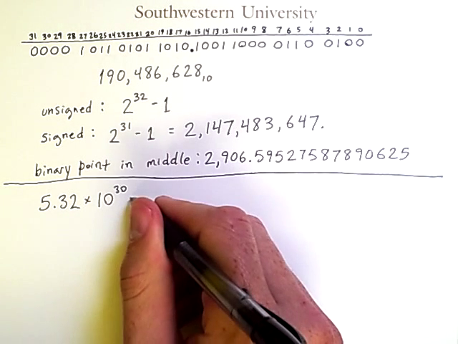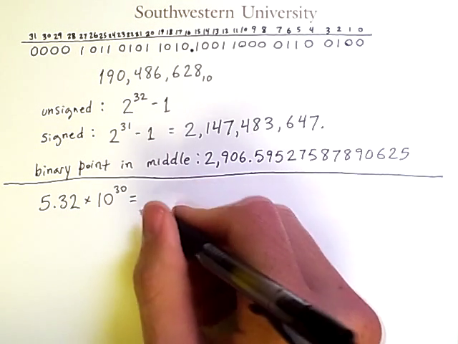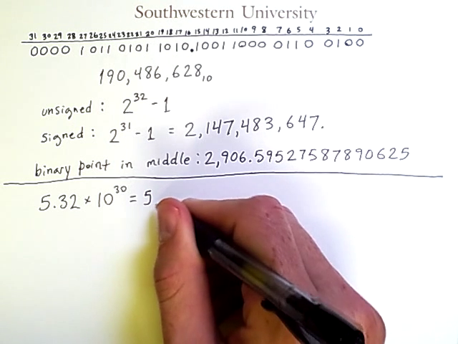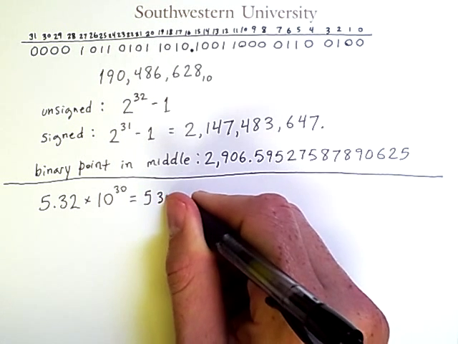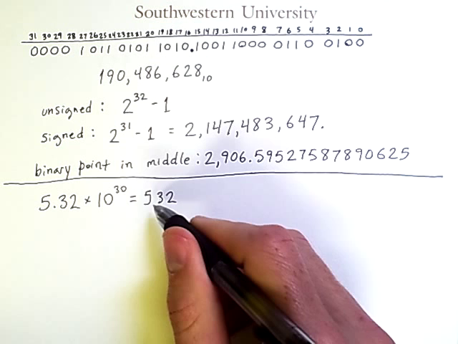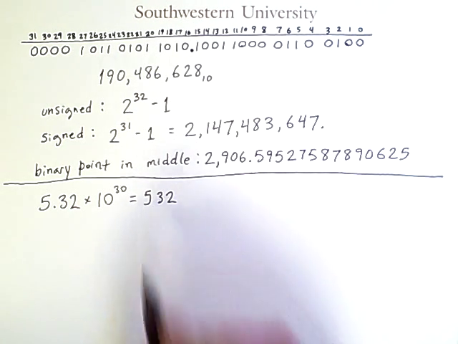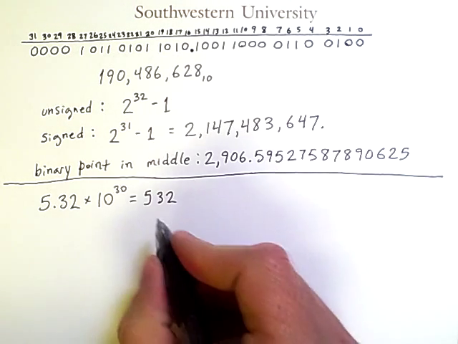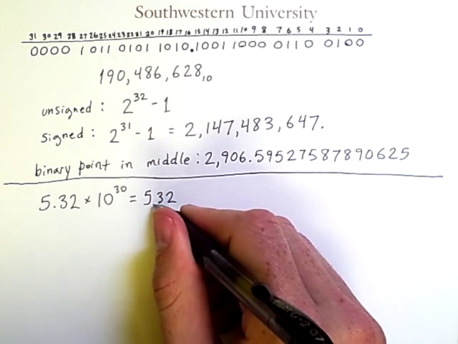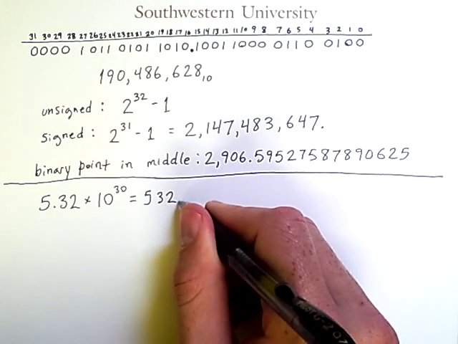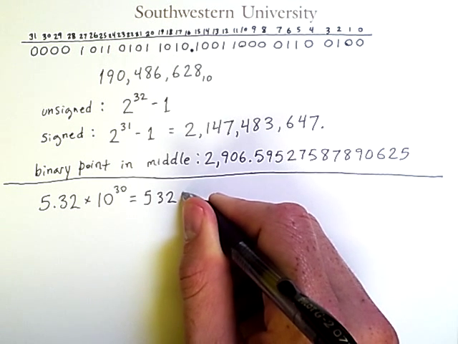So if I were to expand this, it would be 5, 3, 2, and I'd be moving the decimal. So the decimal point was here, but now I'd be moving it over 30 positions. So 1, 2, and now 28 zeros.